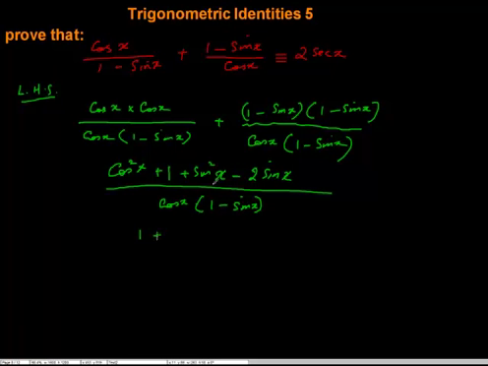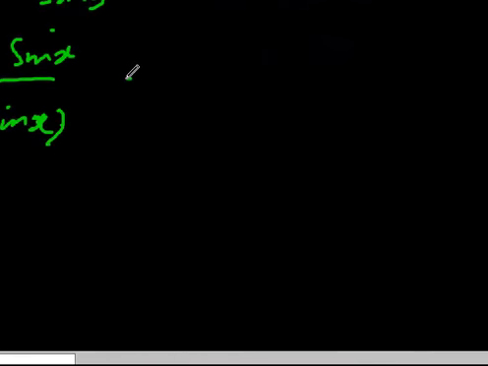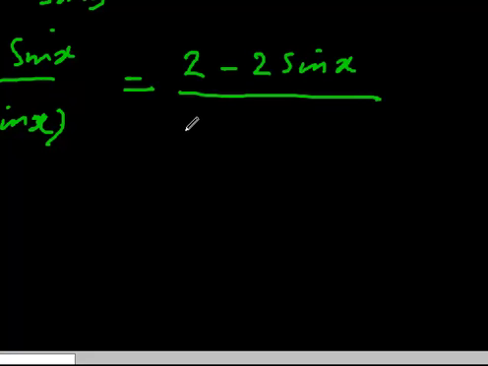Then I get 1 from there as well, so 1 minus 2 sine of x over cos of x, 1 minus sine of x. Now at the top I've got 1 add 1 is 2, minus 2 sine of x. So I'm collecting terms here, and cos of x, 1 minus sine of x.